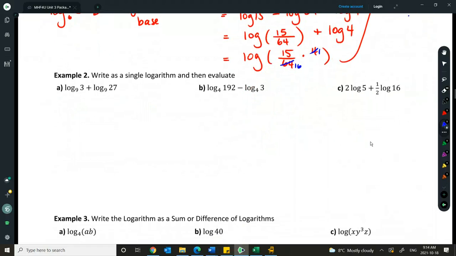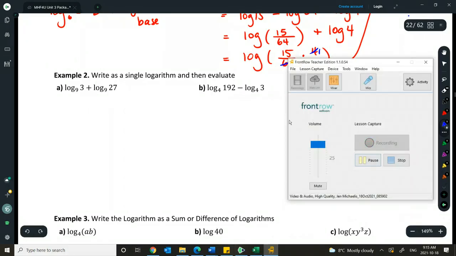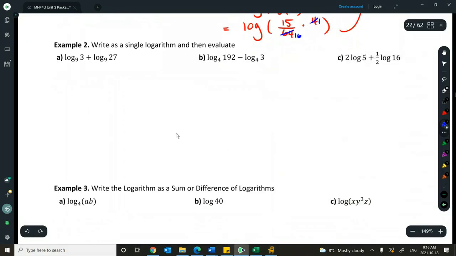Okay, so why don't you guys try a couple of these out in example 2. We want to first write as a single logarithm, so use the laws. Most of them are going to be product law and quotient law here. Use the laws to write as a single logarithm and see if you can evaluate without using your calculator. I'll give you a couple seconds to try that. All right, I'm going to start putting up some solutions here as you work.